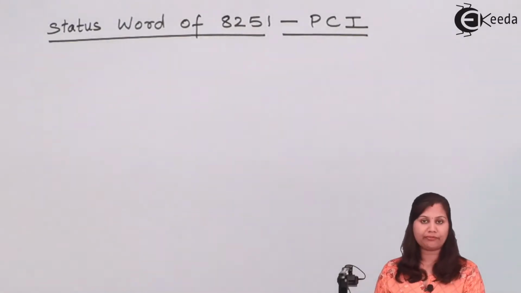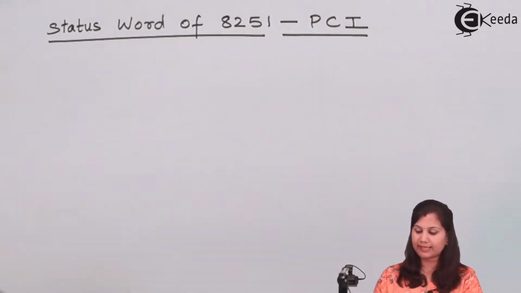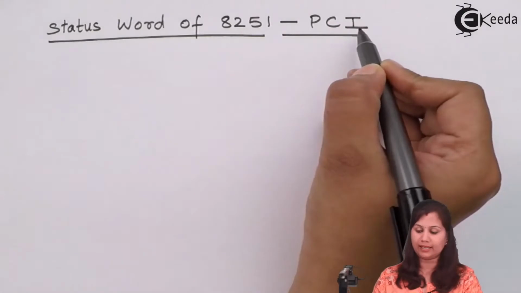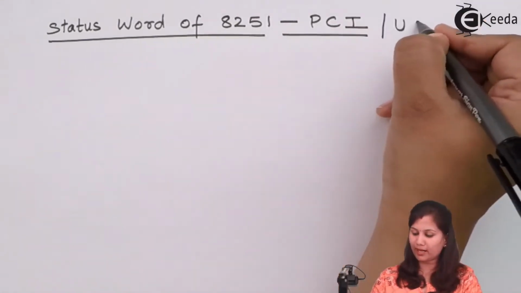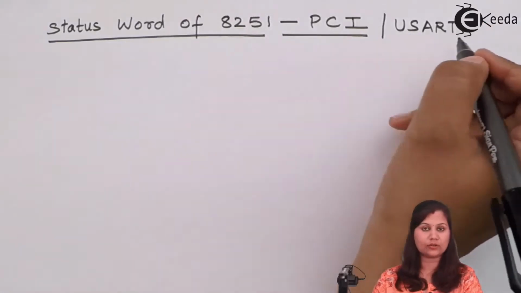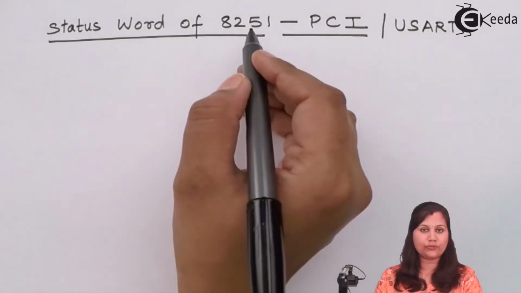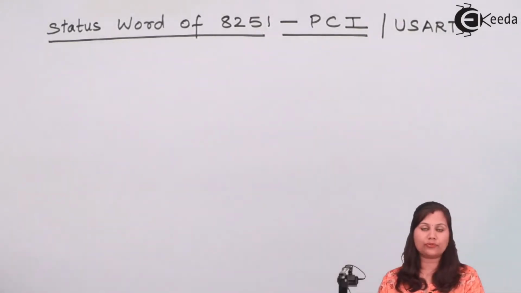The 8251, which is known as Programmable Communication Interface, that is PCI, also USART, that is Universal Synchronous Asynchronous Receiver Transmitter. This 8251 is used for receiving the data and also for transmitting the data.